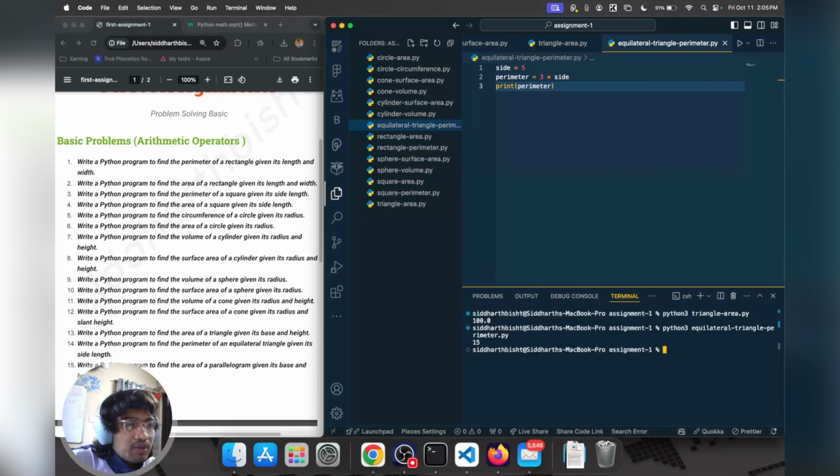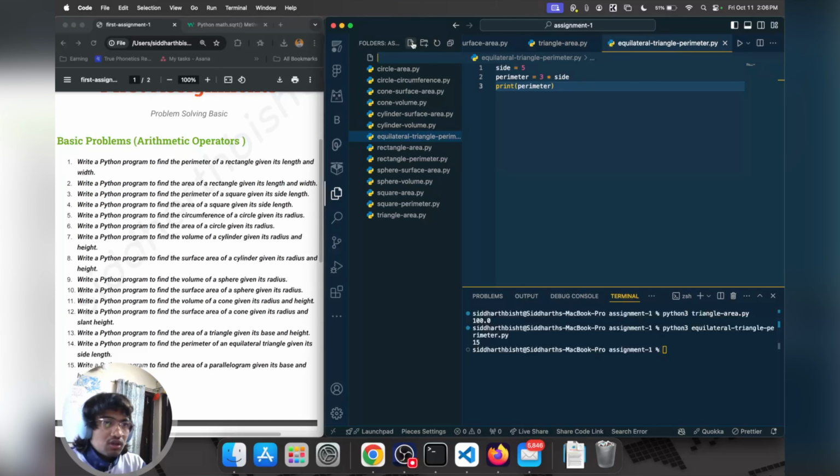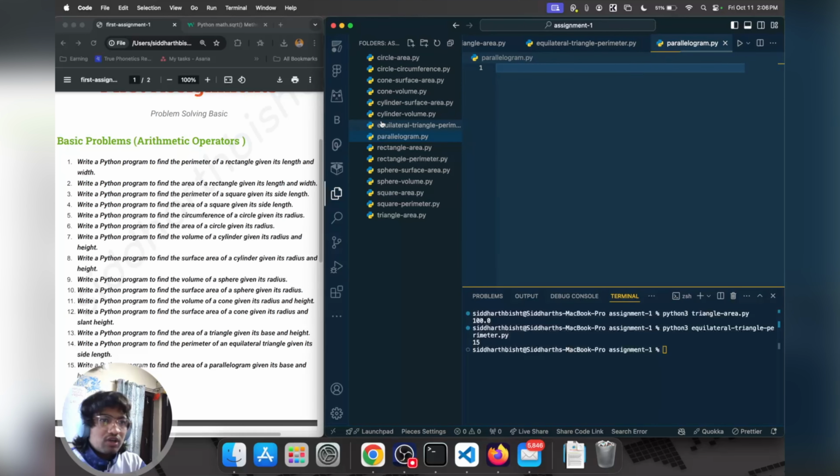Next, write a Python program to find the area of a parallelogram given its base and height. Now we have to find the area of a parallelogram, and we are just given its base as well as its height. So let's have a new program, parallelogram.py.